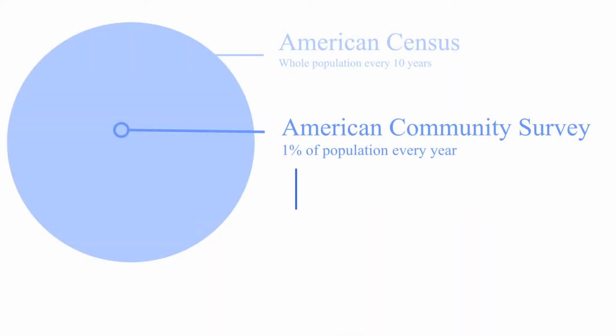So the data I used in Census Americans was a subset of the census called the American Community Survey. This is a mailed-in survey taken on a rolling basis of 1% of the American population every single year.